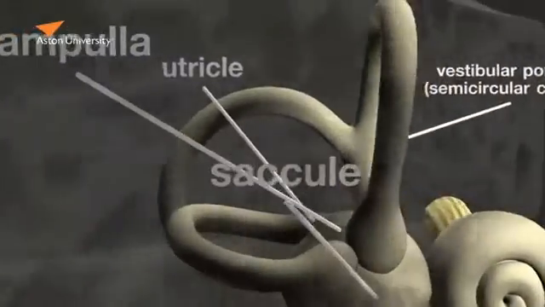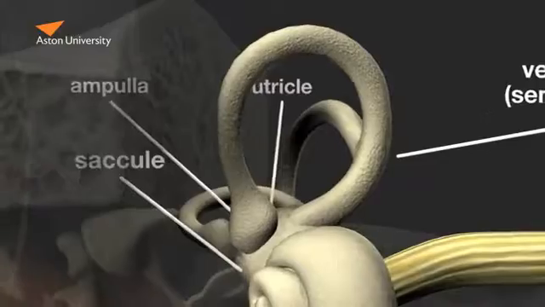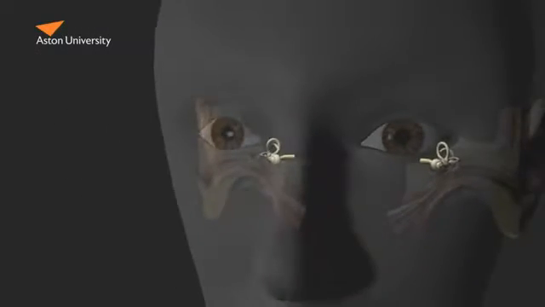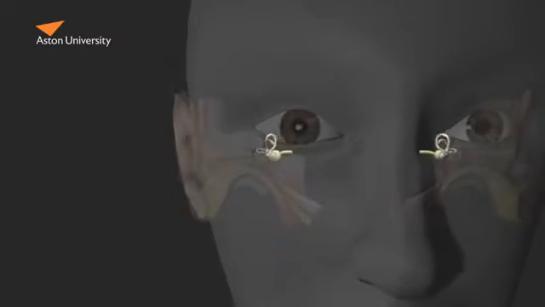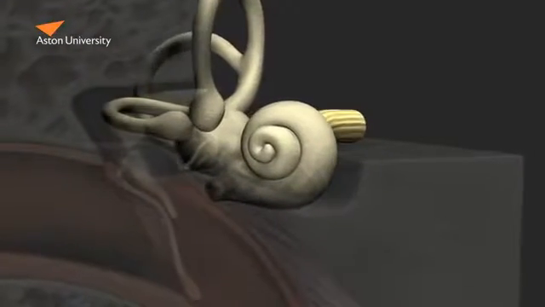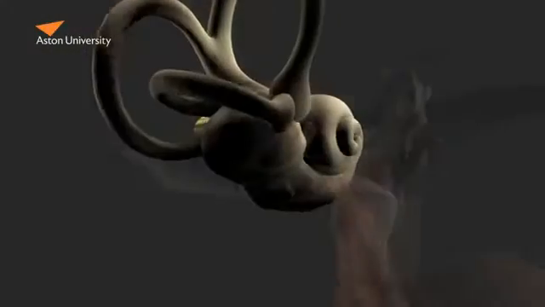These contain fluid and sensory cells, which move in response to head movements and travel to indicate the body's status. The vestibular system works in conjunction with the eyes and the receptor cells in the joints of the body to continuously maintain our balance.